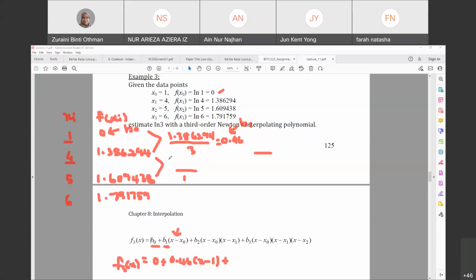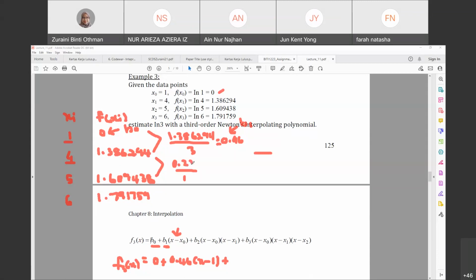Apa? Dapat tak yang ni? Which is 0.223, 0.22. 0.223 or 0.3? Tak dengar sangat.